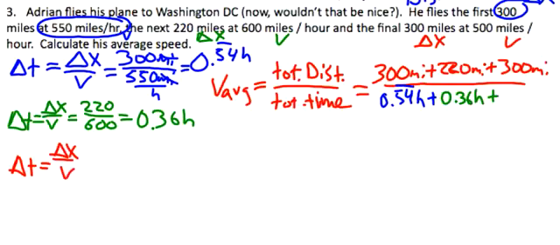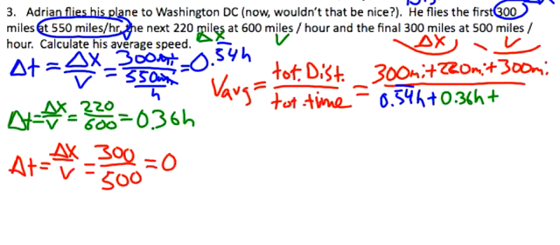Again, change position over velocity. My change of position is 300 miles over, my velocity is 500 miles an hour. 3 over 5, that looks like it ought to be 0.6. 0.6 and time, so it's got to be hours.